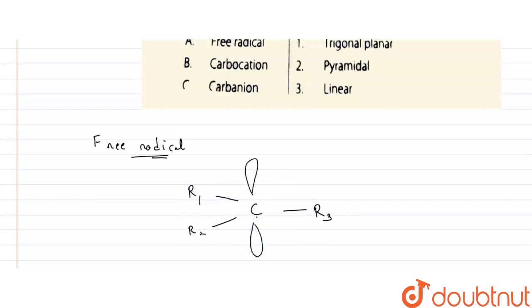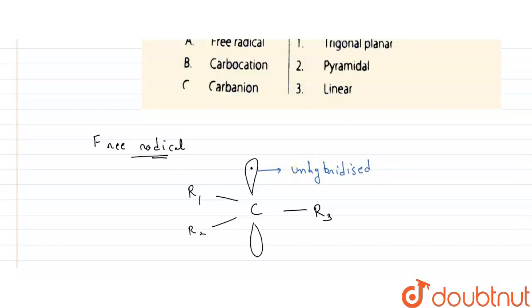So free radical is nothing but we know that it is a single unpaired electron. So let's say it is filled in this orbital. So over here we can see that this is the odd electron filled and therefore it is in unhybridized state. So this is unhybridized. So this is not counted in hybridization since this is an odd electron.